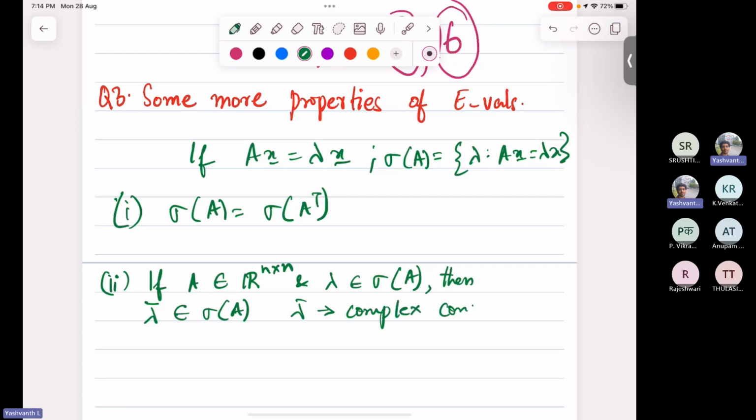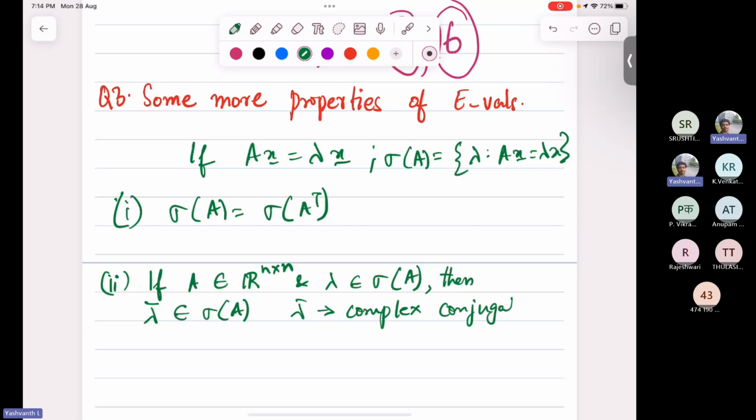So first of all, what this result says is, for a real matrix, you can still have complex eigenvalues. That is no problem. But this result says that if the matrix is real, not only should that particular complex number be an eigenvalue, the complex conjugate of that complex number should also be an eigenvalue of the same matrix A.